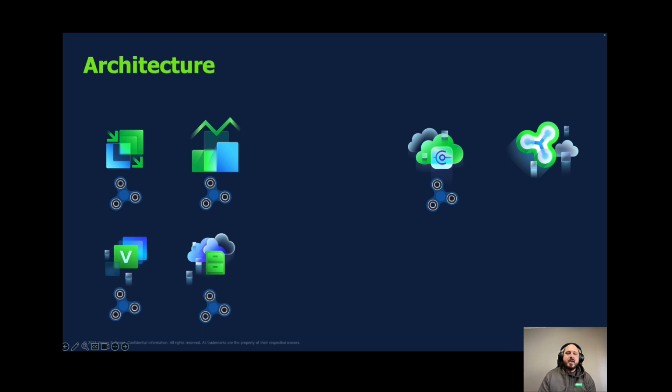On the left-hand side of the screen, these are the different customer-facing Veeam products that are actually doing the data protection. From the top left, you've got Backup and Replication. Right next to that, you've got Veeam ONE. On the bottom left, you've got the individual agents that we just talked about. And next to that, you've got your Veeam Backup for Microsoft 365.